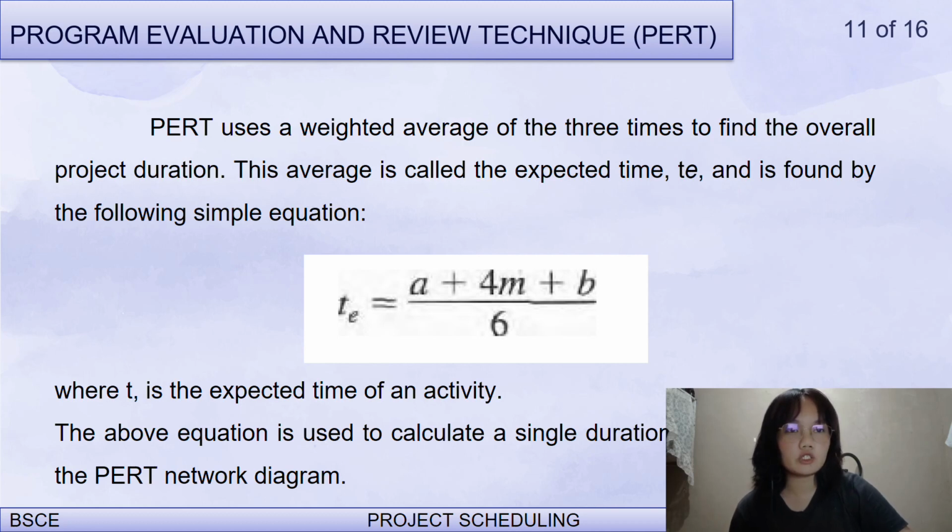The above equation is used to calculate a single duration for each activity in the PERT network diagram.